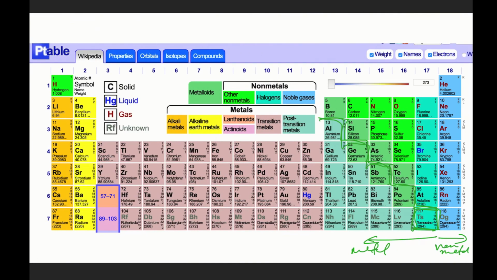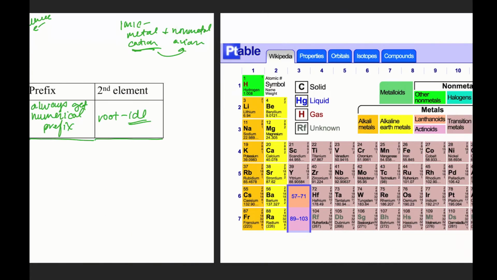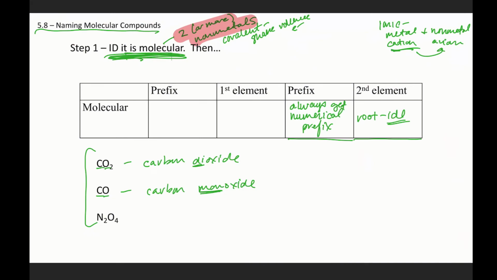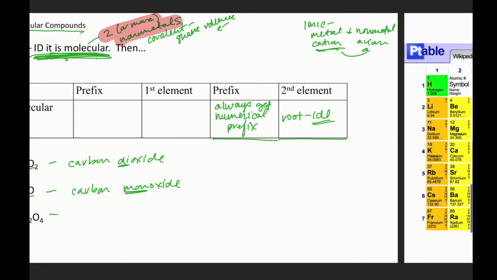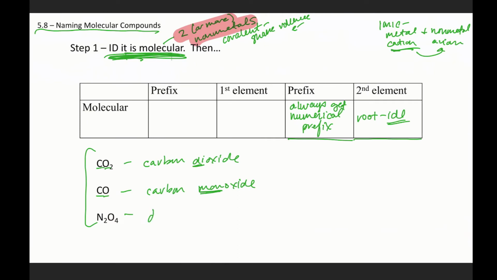So we just need to pay attention to what it's made of. Now we have carbon and oxygen, and if we look here, carbon, nonmetal, oxygen, nonmetal, so definitely molecular. Here we have nitrogen and oxygen, also nonmetals. Now this one is actually called dinitrogen tetroxide. So again, we've got the prefix root-ide here.